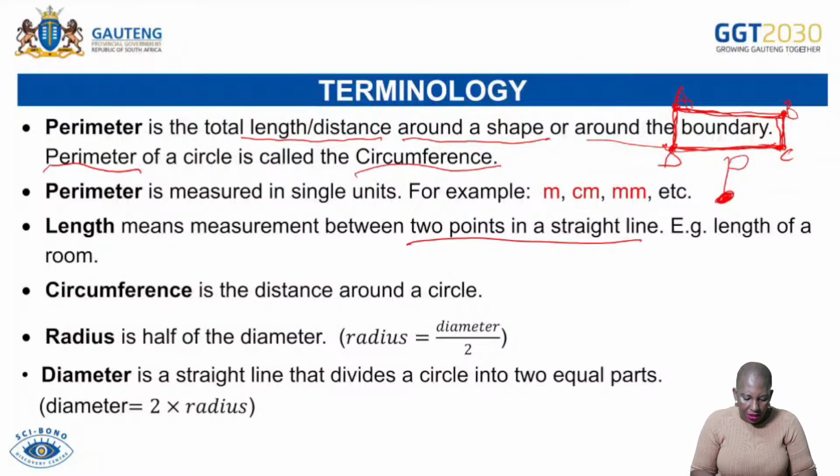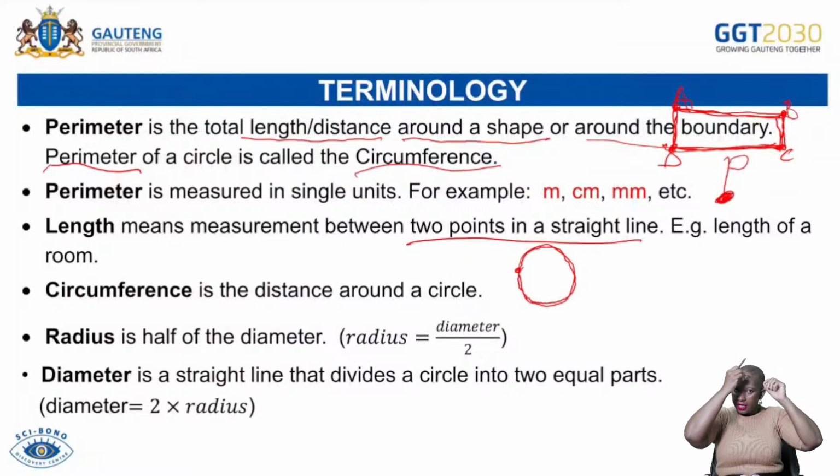And then the circumference is the distance around a circle. So if this is your circle, the circumference, like I've indicated, is the distance around the circle. If I'm to put a ribbon around my head, I will take a ribbon, round it right around my head, and tie it here.